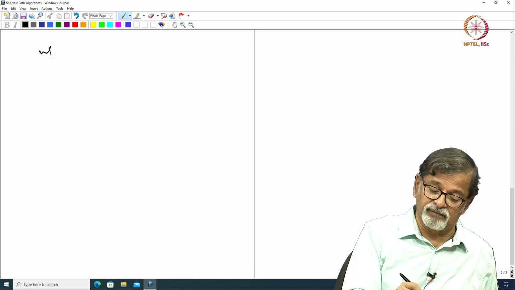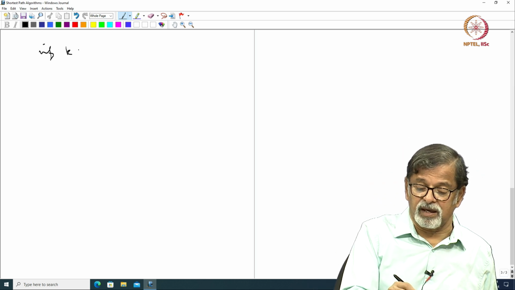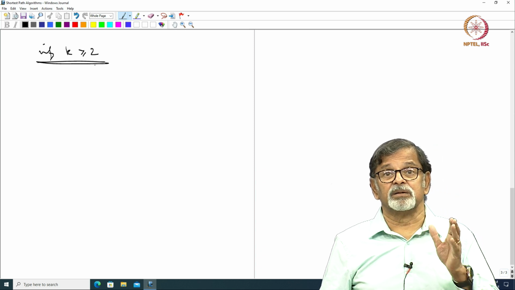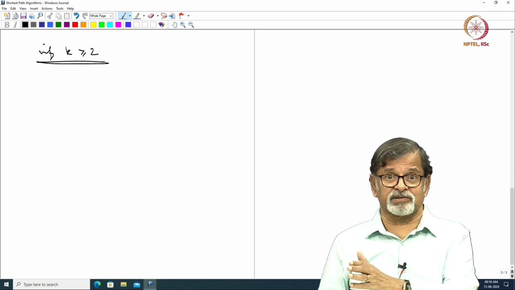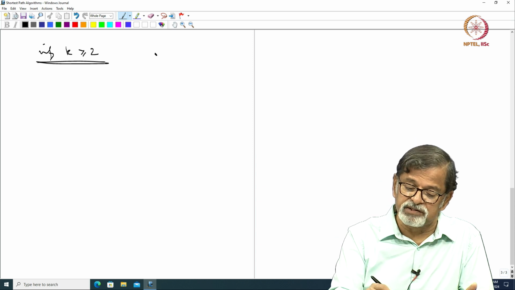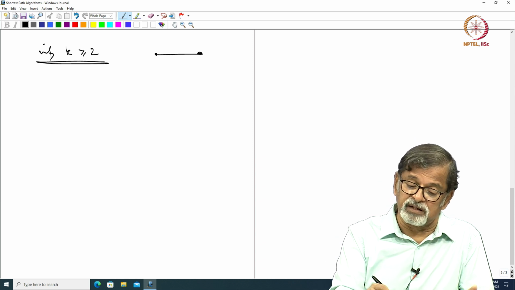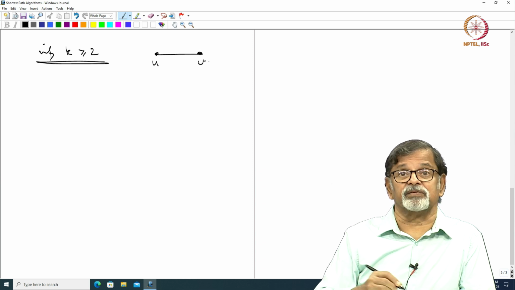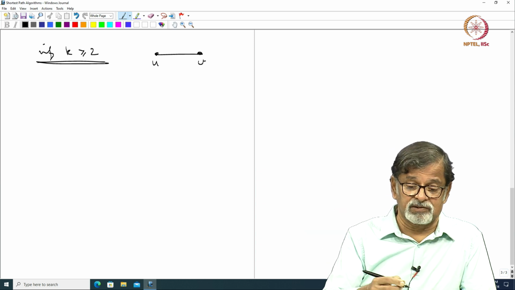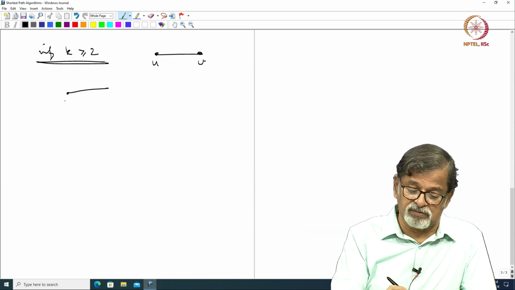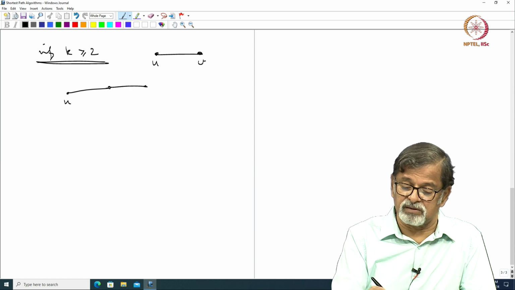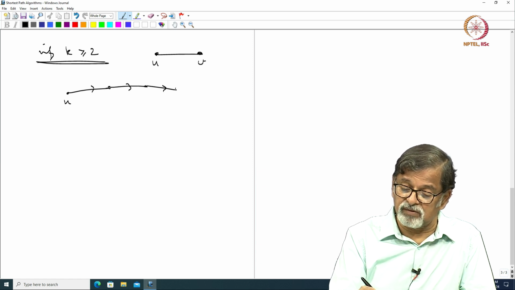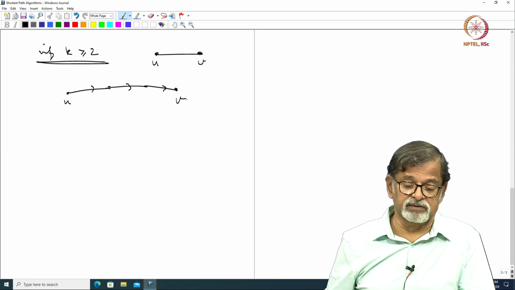If K is greater than or equal to 2, meaning there are 2 or more edges, you go from U somewhere and then finally come to V. If there is only one edge, it is just UV.